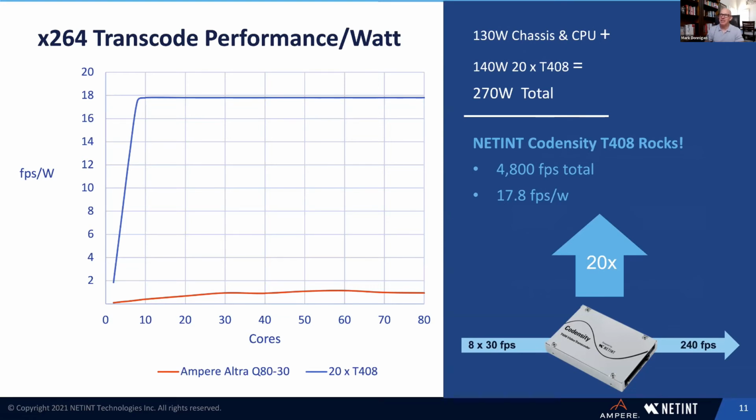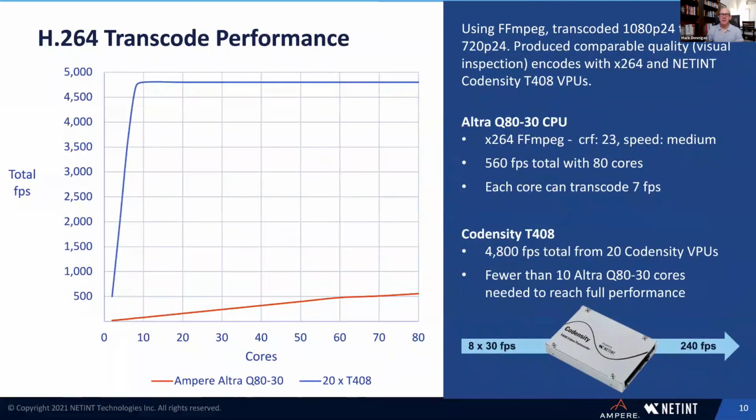And that translates to 17.8, just shy of 18 frames per second per watt, whereas the CPU is hovering around about 1 frame per second per watt. So you'll remember the 18x number. This is exactly where the 18x number comes from. And if we go back to this slide, you will recall the 10x number, and you might say, yeah, but Mark, you're not exactly 10x, so I get it, you're rounding, but it's not quite 10x.